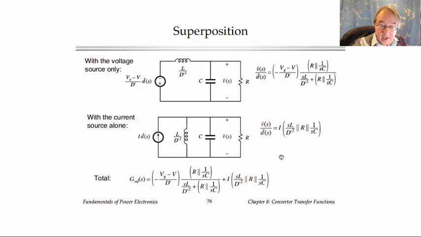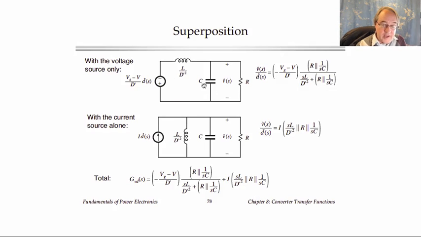So then here is that. Here's the first transfer function times the voltage source, with the current source that would have been here set to 0. And here's the second case where we've set the voltage source to 0, and then we get the current source driving these impedances.